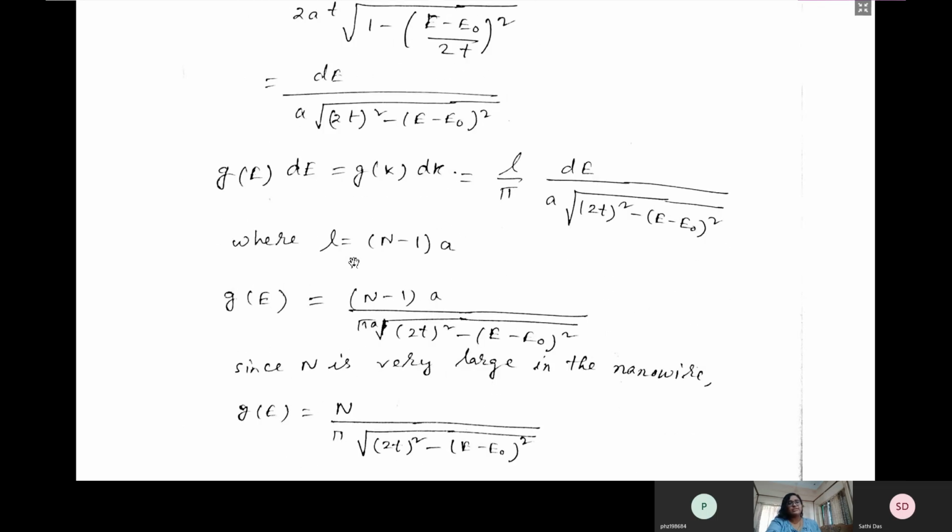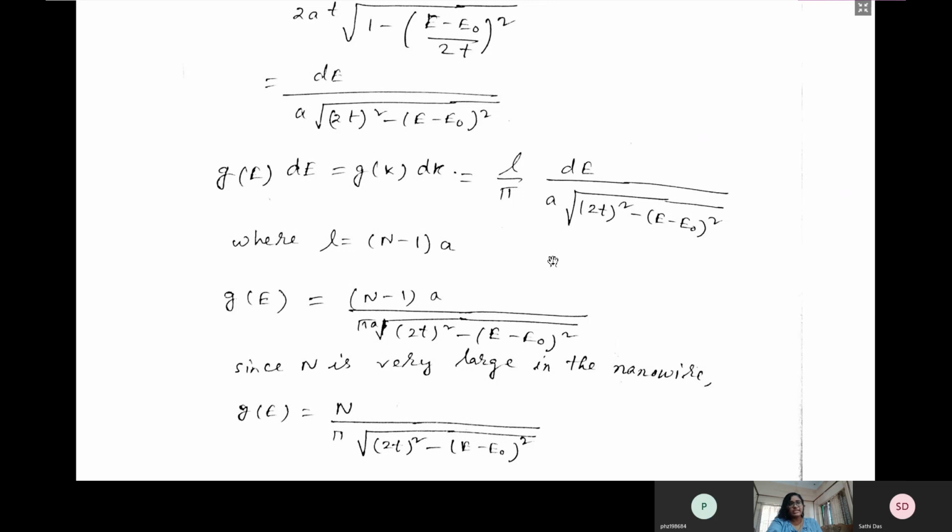So here L equals (n minus 1)a, because if you have five points or 5 lattice sites, the length of the lattice is 4a; you don't have to count one, it will be less than n by 1. For 5 particles the length will be 4a, for 3 particles the length will be 2a.